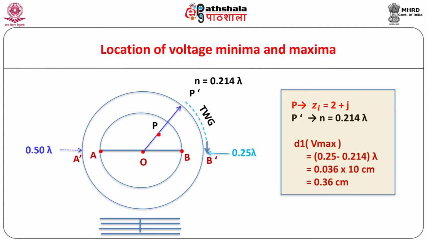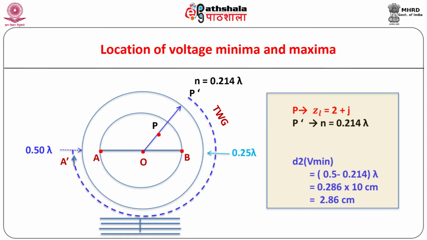In this problem, it will be simply the difference between 0.25 lambda and n equal to 0.214 lambda, which is 0.036 lambda. This gives the location of the first Vmax on the line from the load. Thus, we have d1 equal to 0.036 lambda, which is 0.036 into 10 centimeter, which is 0.36 centimeter.